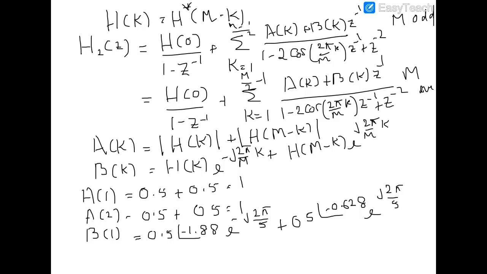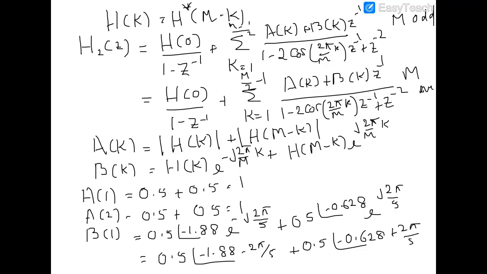You can further simplify if you want. It is 0.5 minus 1.88 angle minus 2 pi by 5, and this is 0.5 minus 0.628 angle plus 2 pi by 5.